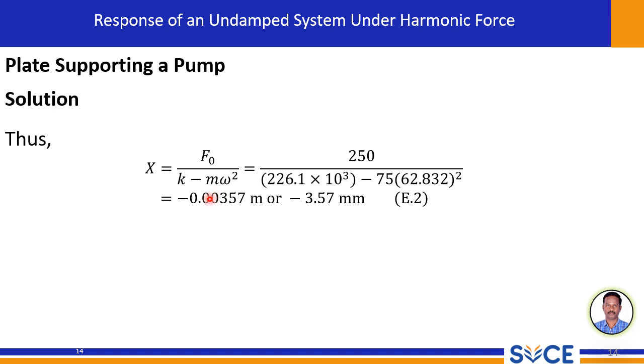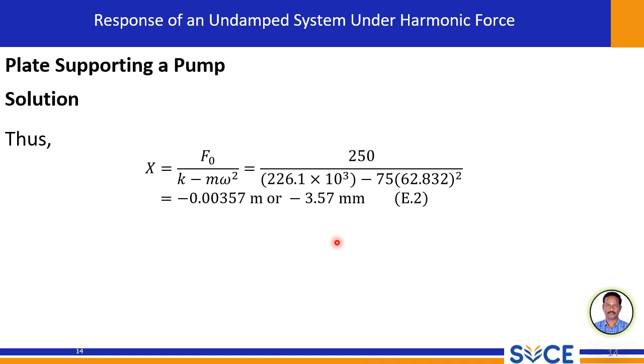We will get x, the amplitude of this plate supporting a pump, as 3.57 millimeters. The negative sign indicates that the displacement is 180 degrees out of phase with the applied force.